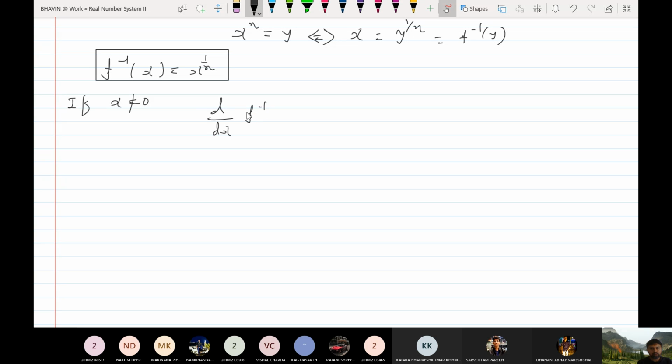We are looking for the derivative of this. So what is f inverse x? F inverse x is nothing but x raised to 1 by n. And this is the derivative of f inverse x. This is equal to, according to our rule, f dash of f inverse x.